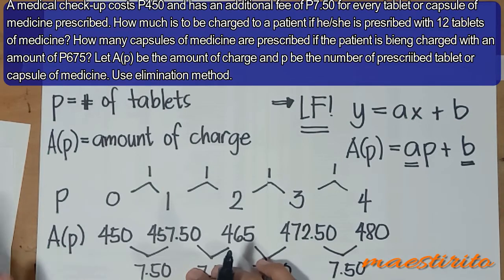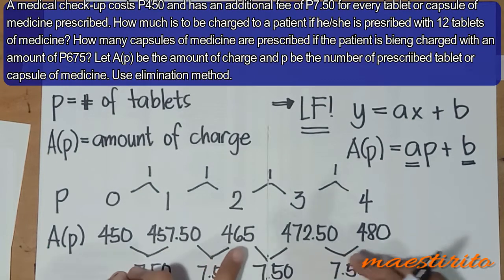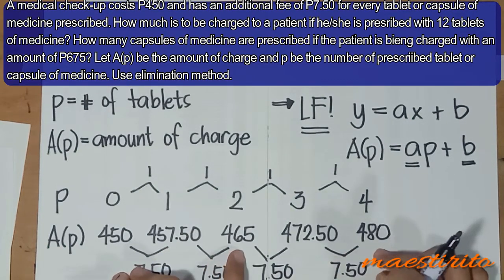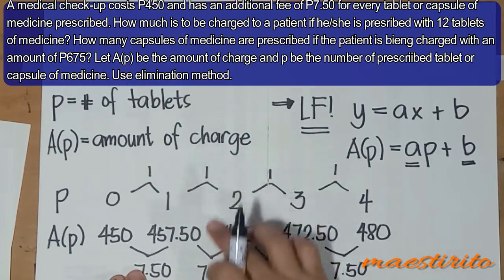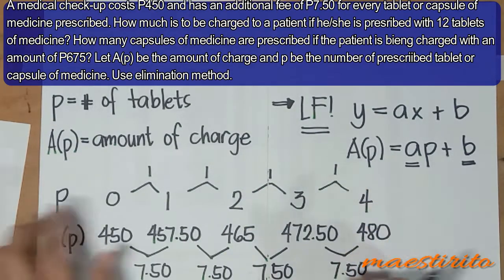It will be substitution rather. So, to avoid decimal places, let me use (2, 465) and (4, 480).